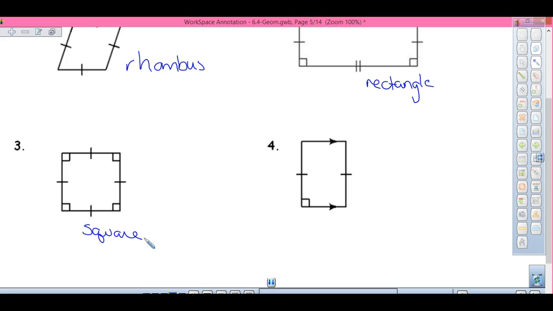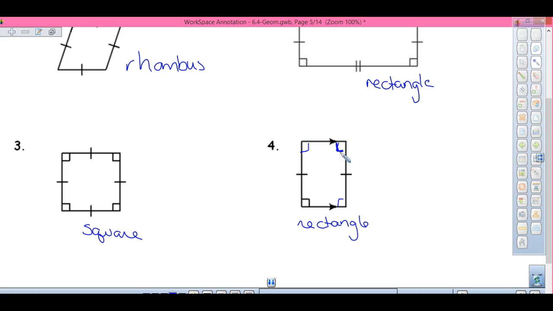And in number 4, how can you tell that it's a rectangle? The sides are parallel, and if this is a right angle, they've all got to be right angles because, why? If I have one right angle, how do I know that the rest of them are right angles? Okay, opposite, so that would make this one a right angle.